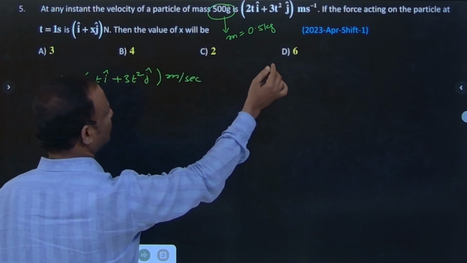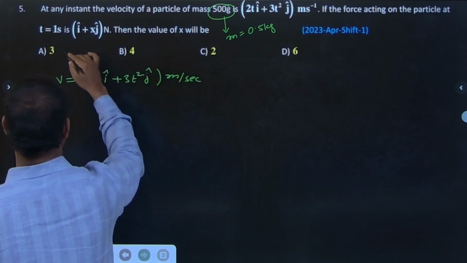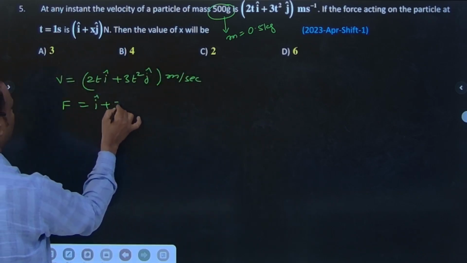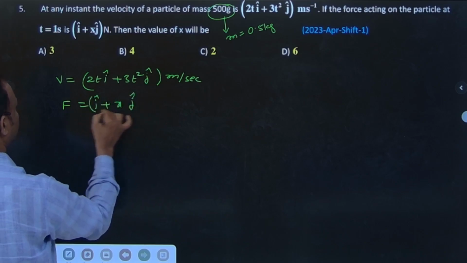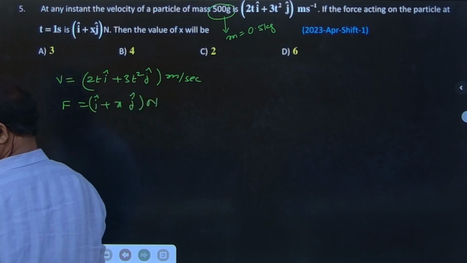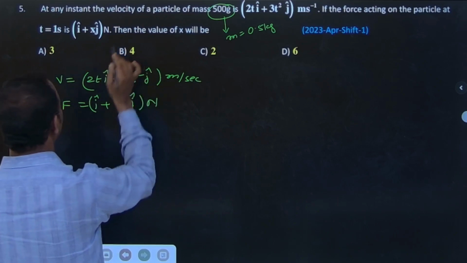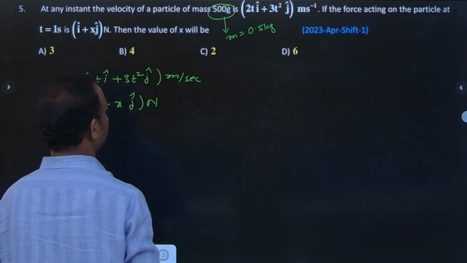The force acting on the particle is F equal to i cap plus x j cap Newton. Then what is the value of x at t equal to 1 second?